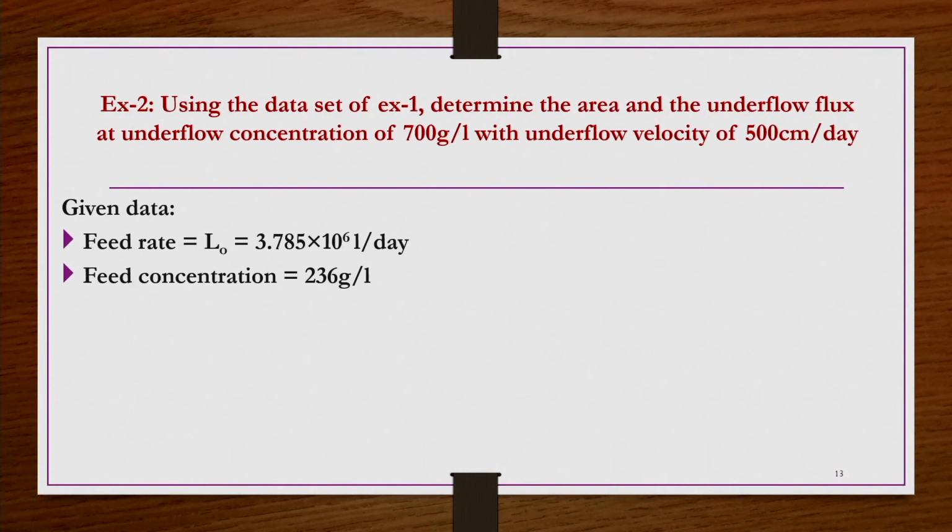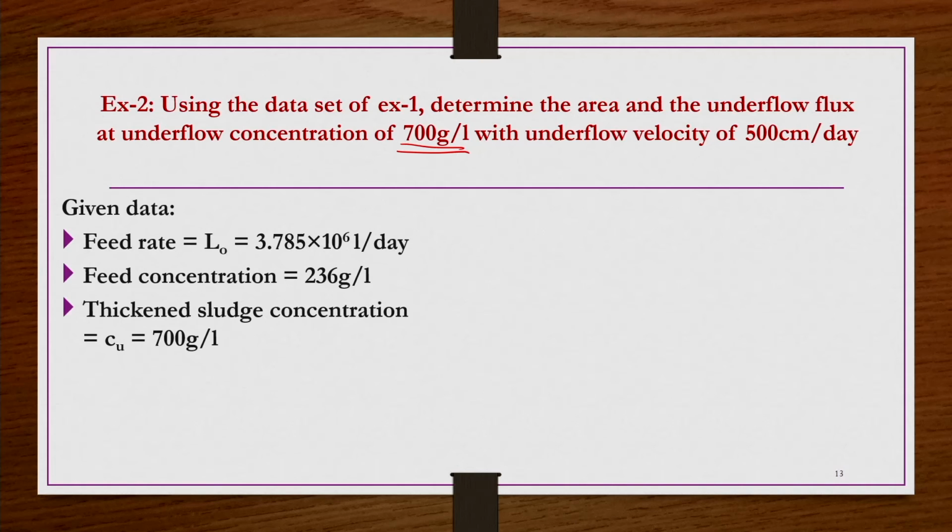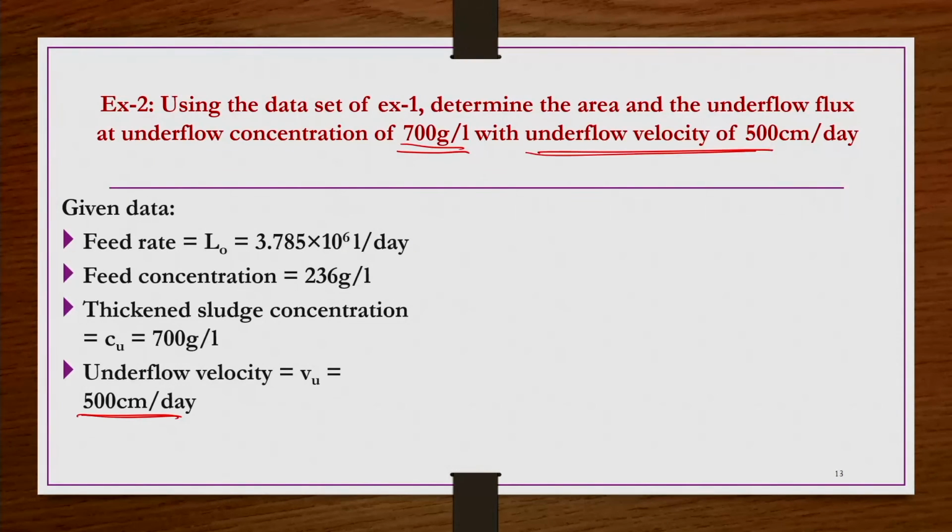Feed concentration C naught is the same as the previous problem, 236 gram per liter, and sludge concentration Cu is given, 700 gram per liter, taken as underflow, and then Vu, the underflow velocity, is also given, 500 centimeter per day.